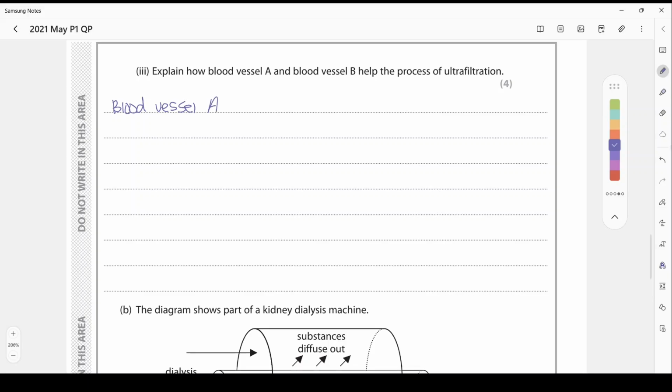Blood vessel A carries blood to the glomerulus because blood vessel B has a smaller lumen.